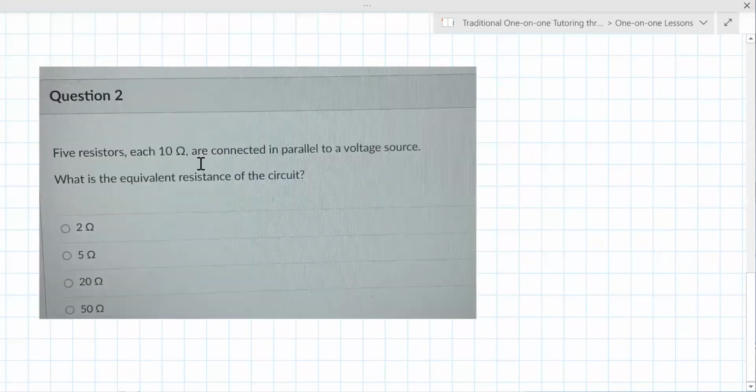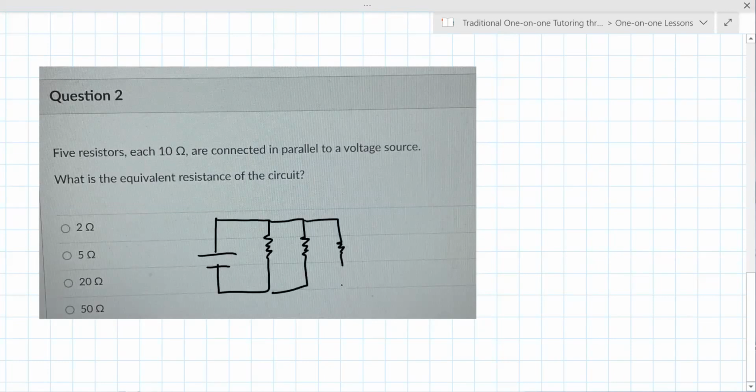Okay, so five resistors, 10 ohms each, are connected in parallel to a voltage source. So you got some sort of a source here. You got resistor 1, resistor 2, resistor 3, resistor 4, and resistor 5, and they're each 10 ohms. And then there's 2 formulas for equivalent resistance.